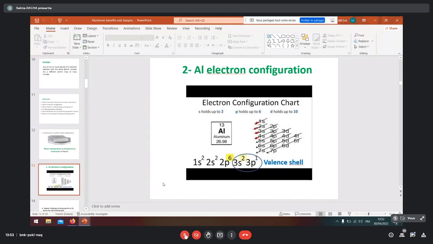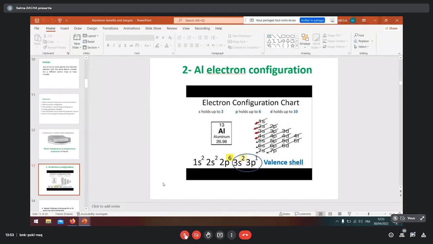The highest value, la valeur la plus élevée, will give you the valence shell. For example, 1 is the principal quantum number for the orbital s. 2s2p, 2, no, it's not the highest. 3, yes, it's the highest, which means that from 3s2 starts the valence shell.